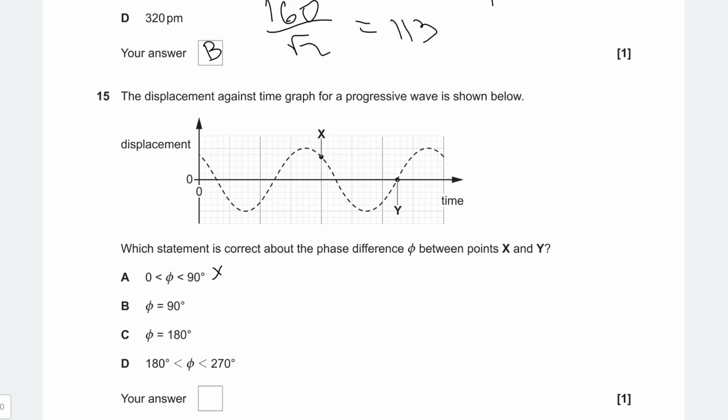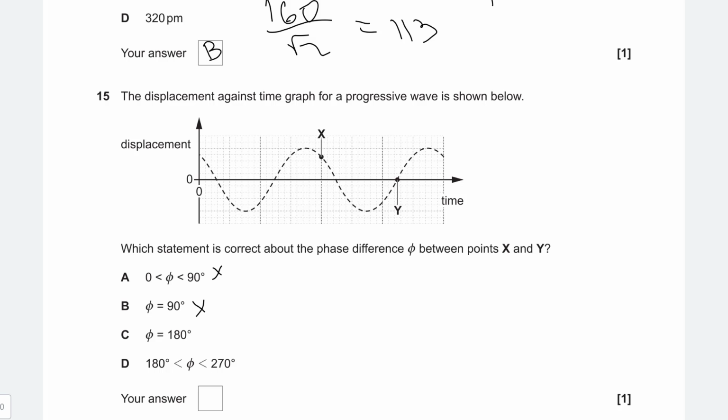Nope, this is definitely not true. It's a lot bigger than that. Quarter of a wavelength is basically just that, and that's just not true. It's also not exactly 90 degrees. It's not 180 degrees. It's going to be more than that, because 180 degrees is essentially half a wavelength.